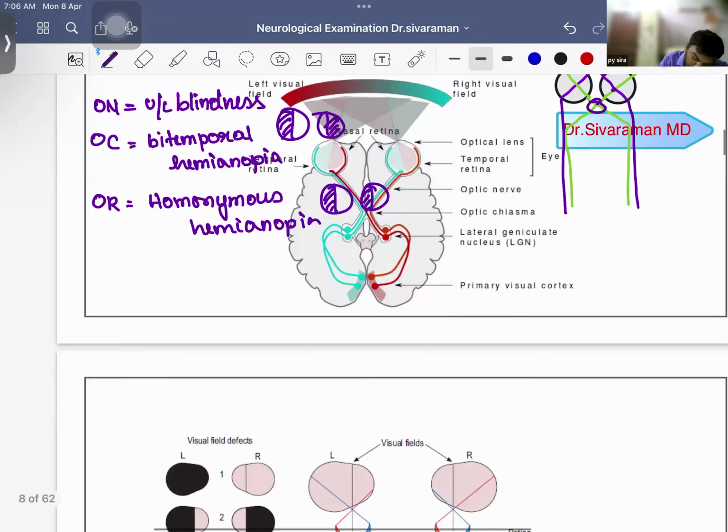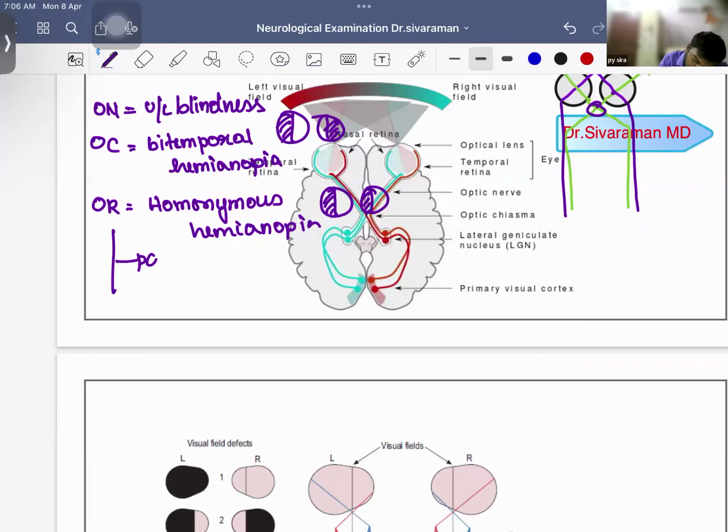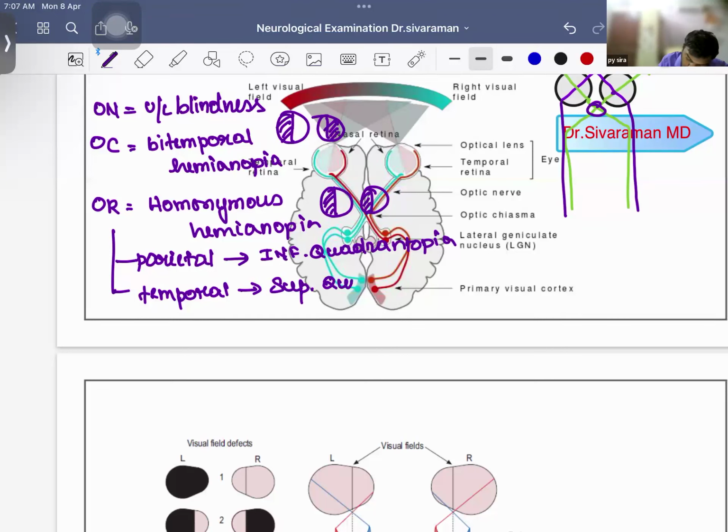Here, whenever the parietal lobe is involved, it is going to be inferior quadrantanopia. Whenever the temporal lobe is involved, it is going to be superior quadrantanopia.